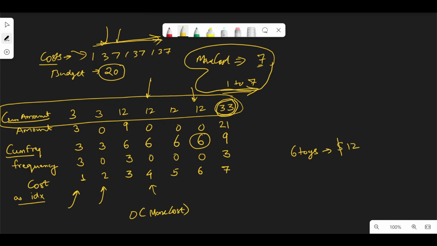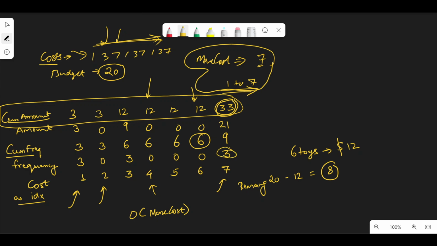Now, what was the budget? Well, the budget was 20. So what is the remaining? Remaining equals 20 minus 12, which is 8. So I have 8 amount of money left, and the cost is 7, which is the one where I had a problem. Because the frequency was 3, I could not buy all the toys at this cost.